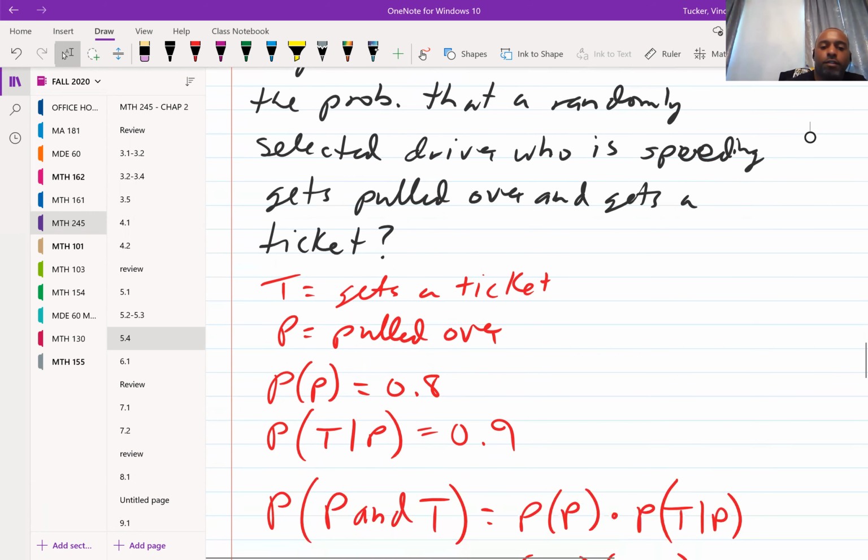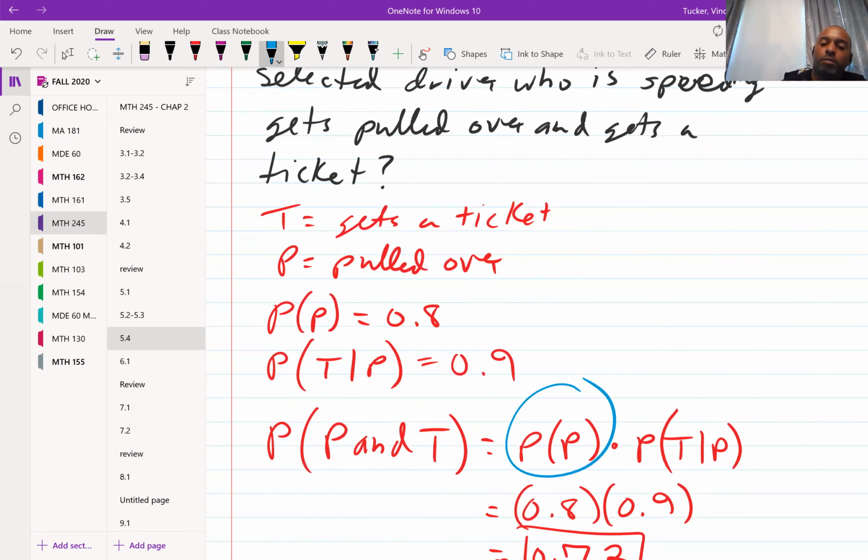So the probability of P and T occurring, or if you get pulled over and getting the ticket. First of all, you take the probability of getting pulled over and then the probability of getting a ticket given that you got pulled over.